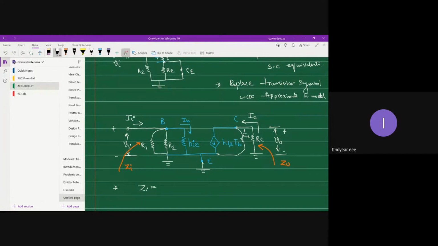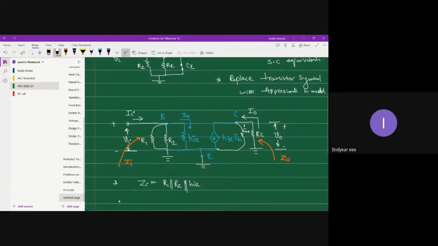Of course you have emitter node, which is common to input circuit as well as output circuit, but emitter terminal is already at ground potential. So what you have to do is collect the resistors which are coming across base and ground terminal. Which are those resistors? R1 parallel with R2 parallel with HI. So that's your input impedance.